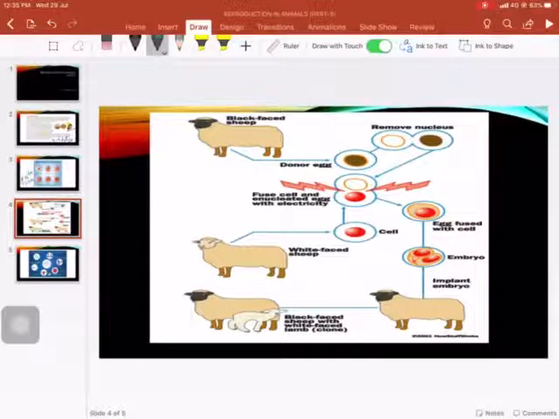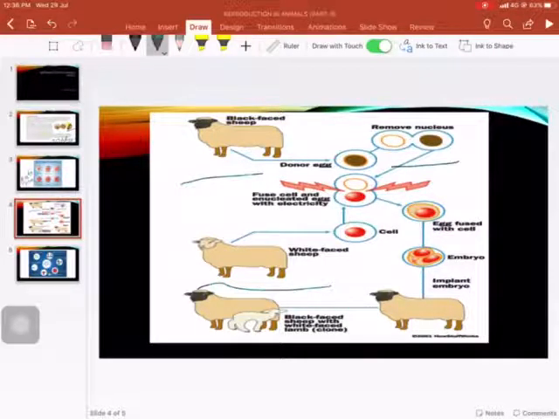First of all, cloning was done in a sheep, and the sheep which was born on 5 July 1996 was named Dolly. Now, you can see in the diagram there are two sheep. One is the black faced sheep and the other is the white faced sheep. An egg is taken from the black faced sheep, and from that egg the nucleus is removed.